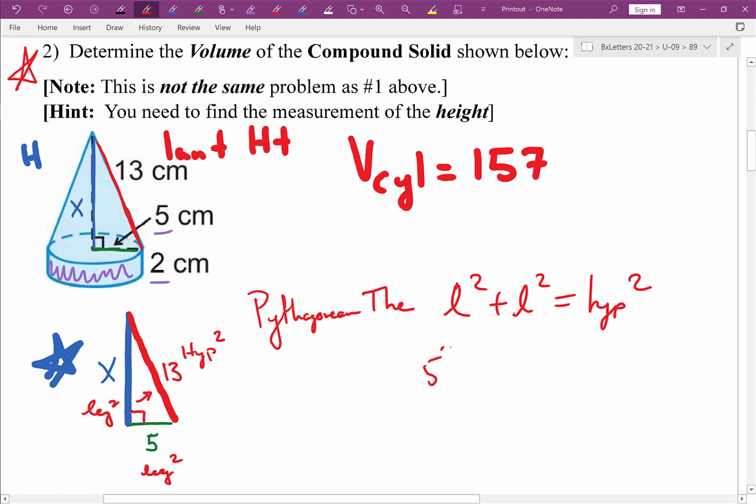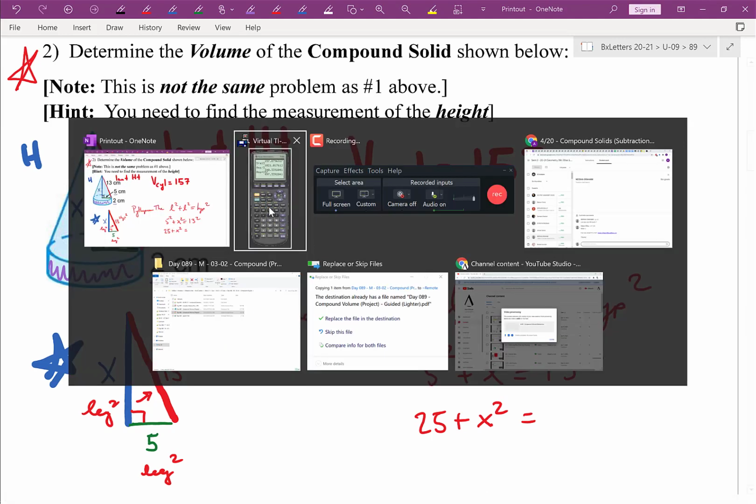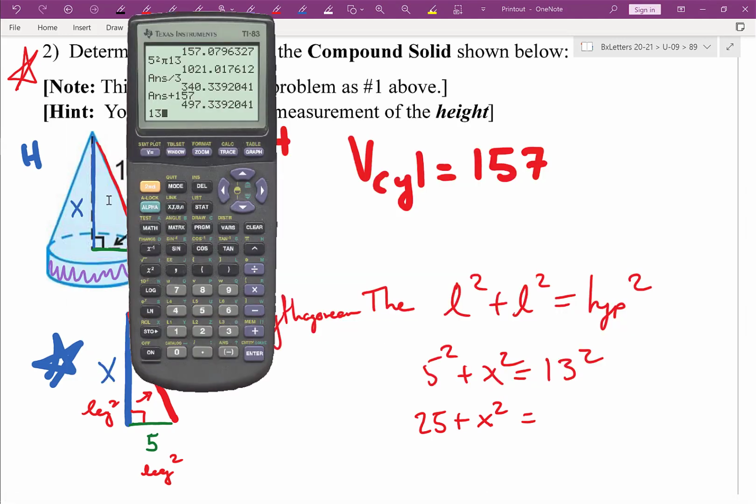This would be 5 squared plus x squared equals 13 squared. 5 squared is 25. X squared is still x squared. 13 squared is something big.